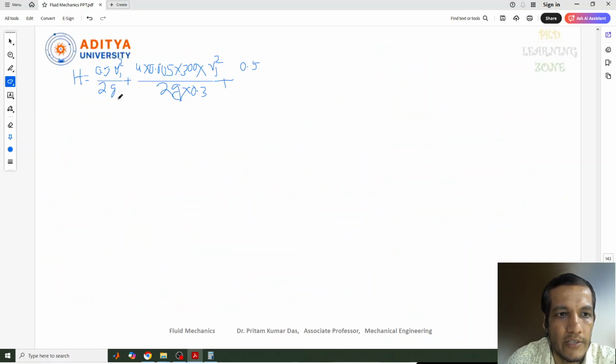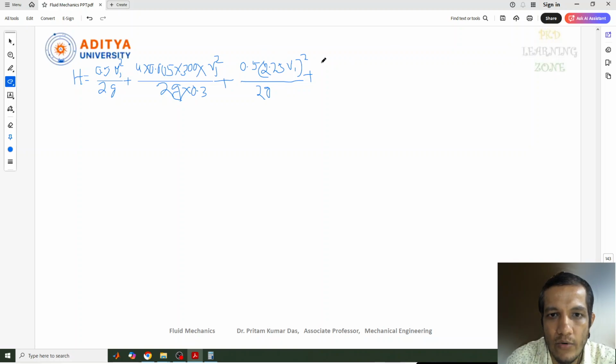Now this is minor loss, major loss, then minor again V2. So V2 we can write in terms of V1, that is nothing but 2.25 V1 square, divided by 2g, plus major loss again.